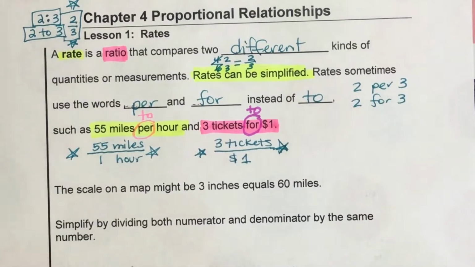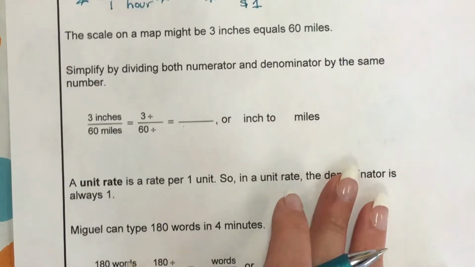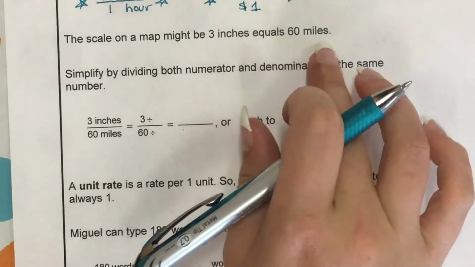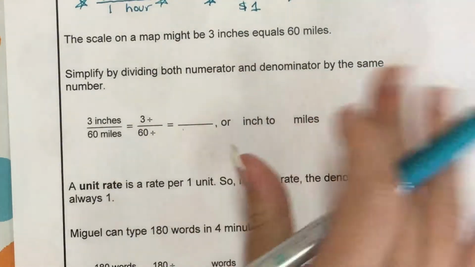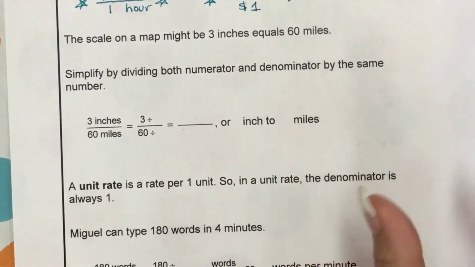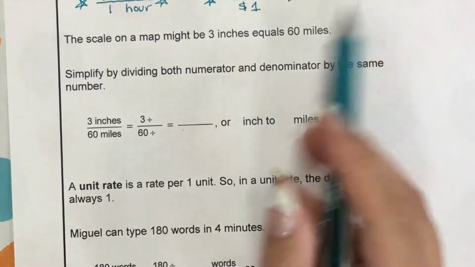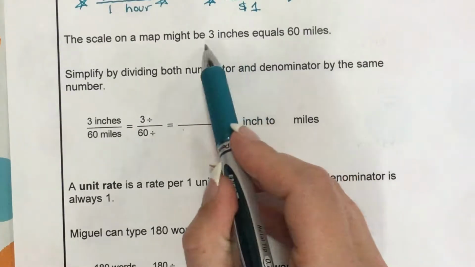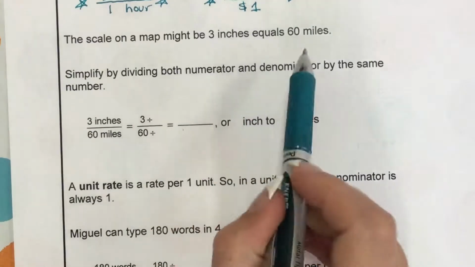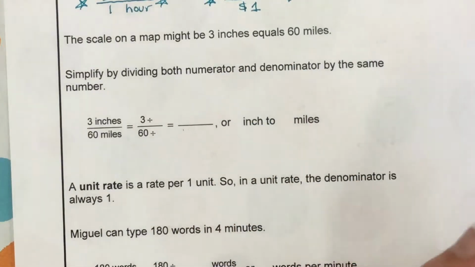Okay, let's move on. The scale on a map might be 3 inches equals 60 miles. A lot of times when you're dealing with maps, it's like a small version of something really, really big, and so they have a key. And the key is usually in inches or centimeters or something like that. And then it tells you, okay, for every 3 inches, that actually equals 60 real miles.